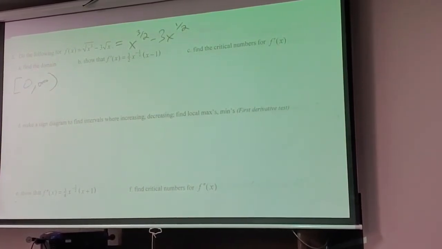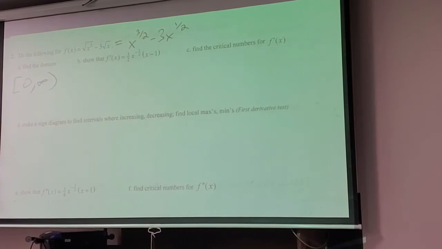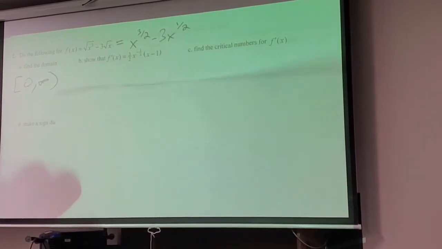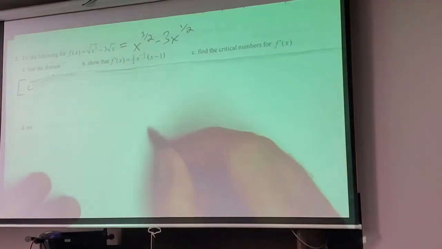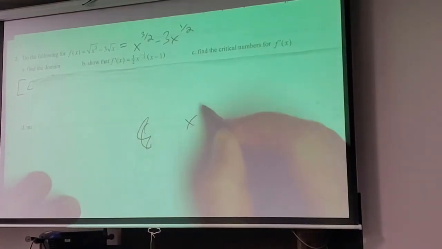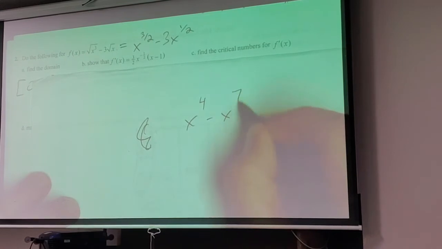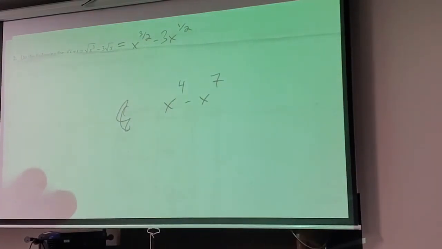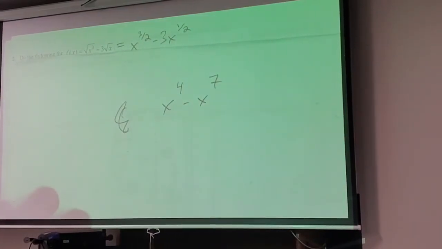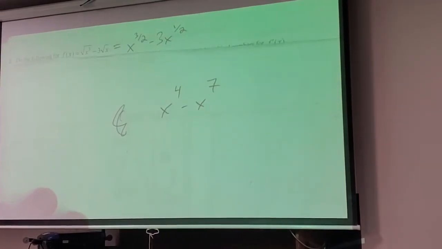Just to prime you for this, because I don't think we've done this specifically. If you're having any trouble factoring it, how would you factor this? Pull out x to the 4th, right? Why?